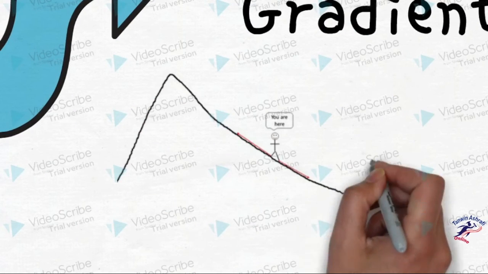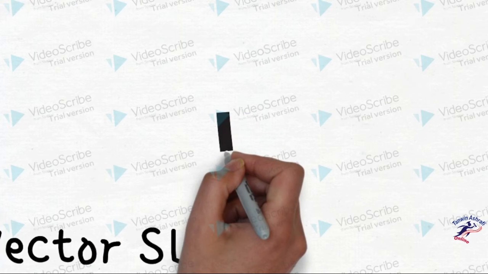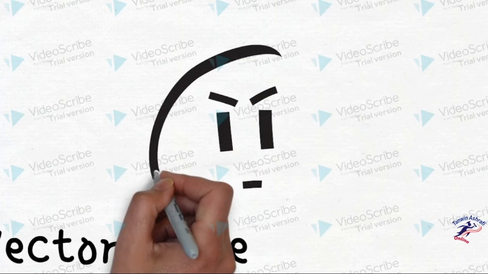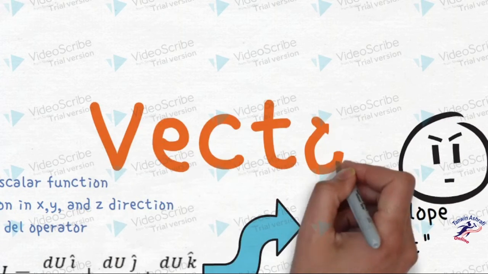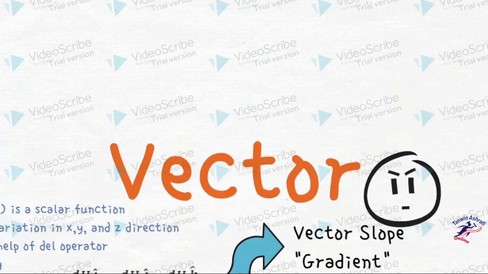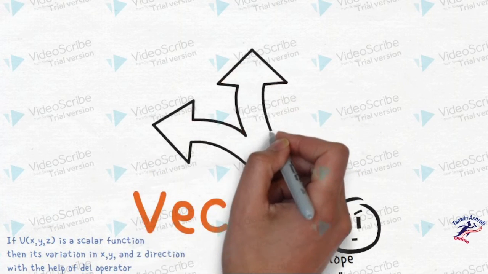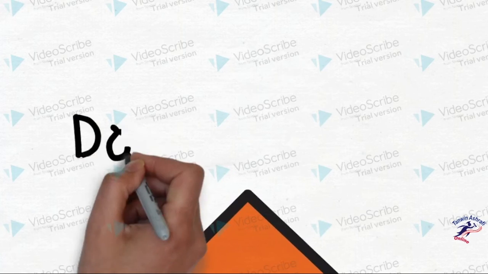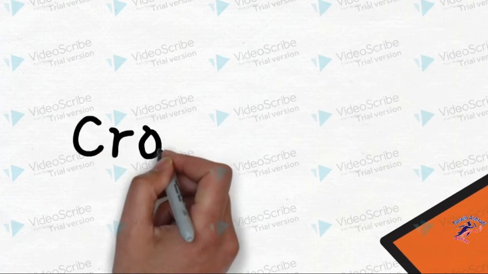I am trying to climb a hill. With the help of gradient, I can see how steep the hill is. Oh, gradient. Now the next, what about the vectors then? The vectors had 2 types of techniques for the product, which are dot product, which we already learned, and the cross product.